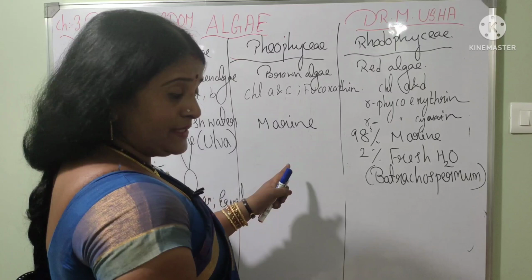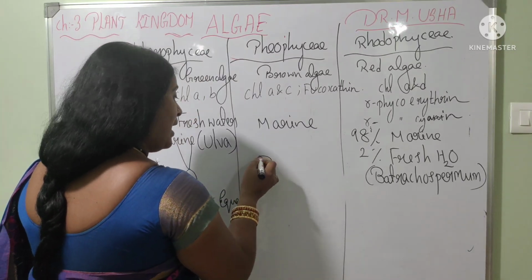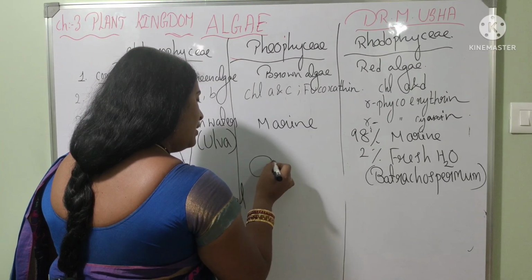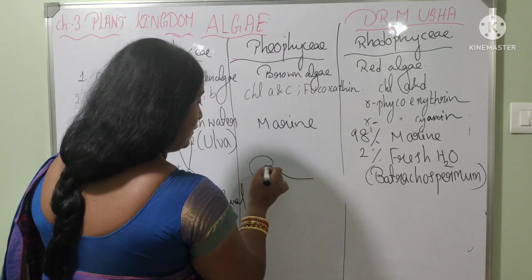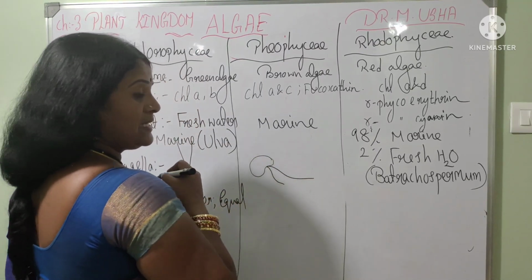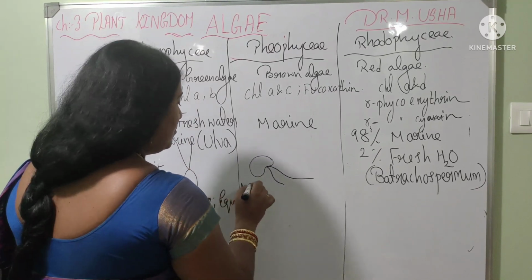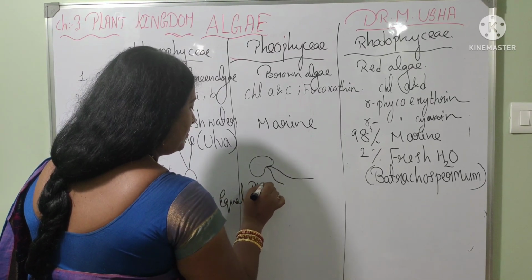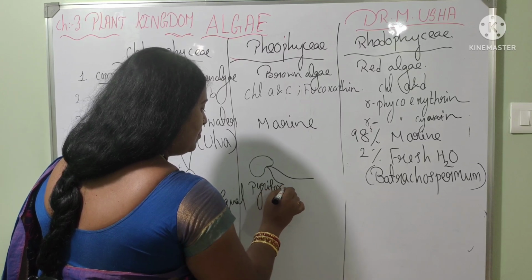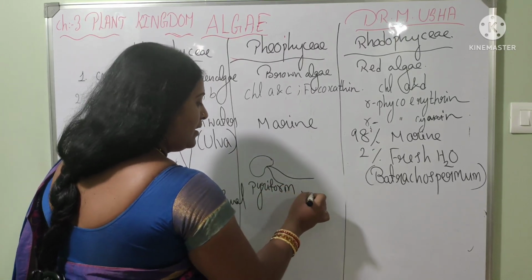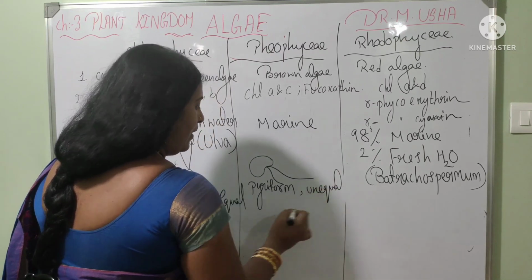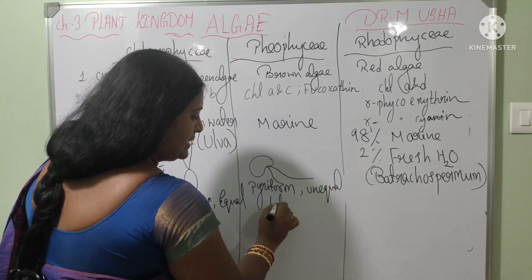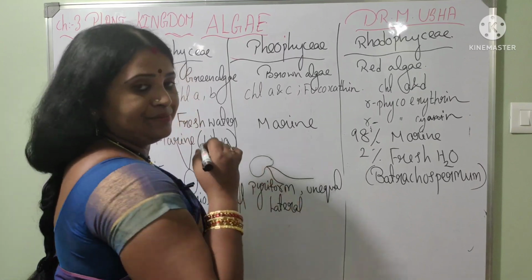Whereas in Phaeophyceae, the gametes or the spores are pyriform, and their flagella are also lateral. Pyriform means pear shape, and the two flagella are unequal and lateral in position.